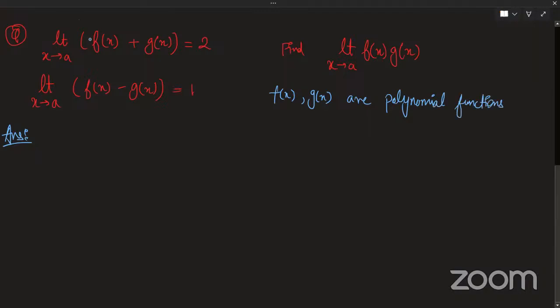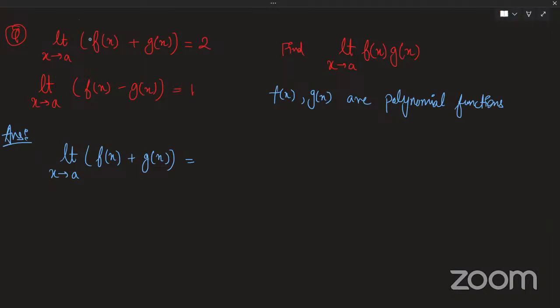So tell me, I have limit x tends to a, f of x plus g of x. What will it be equal to? Can I directly just input the value x as a? x is equal to a.